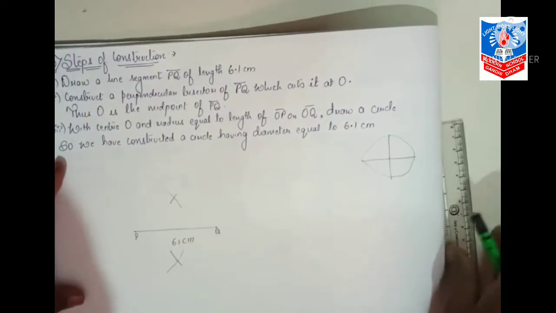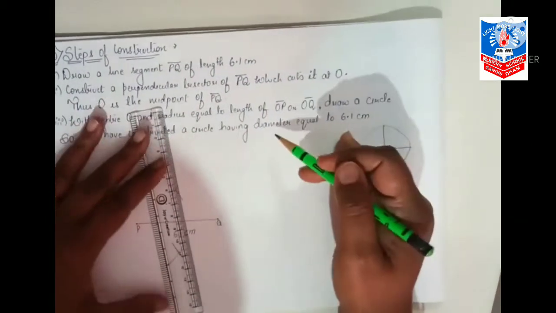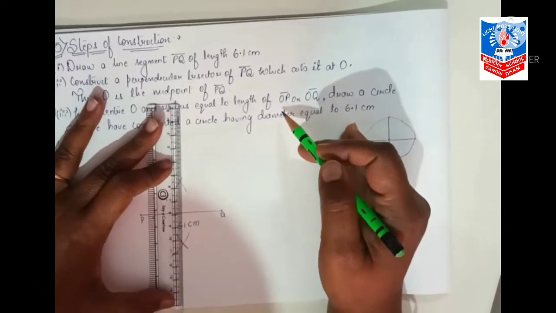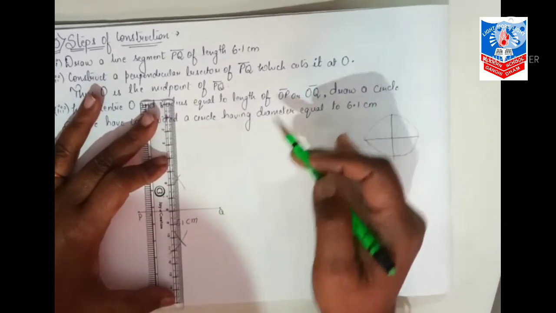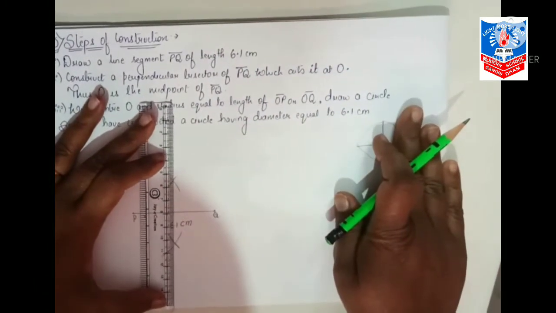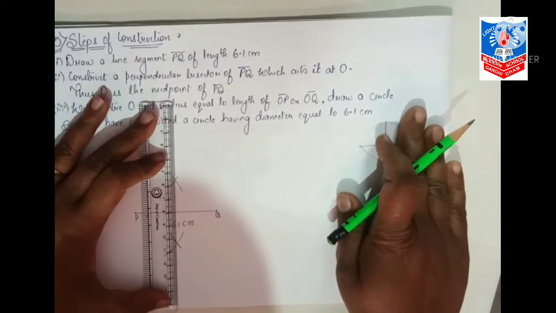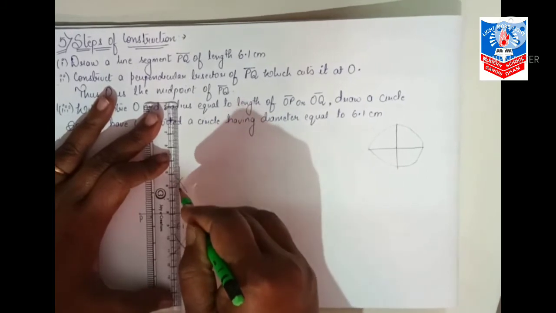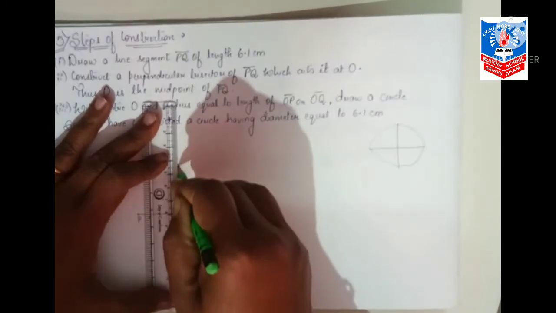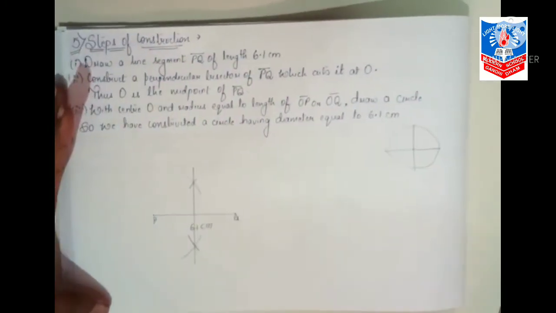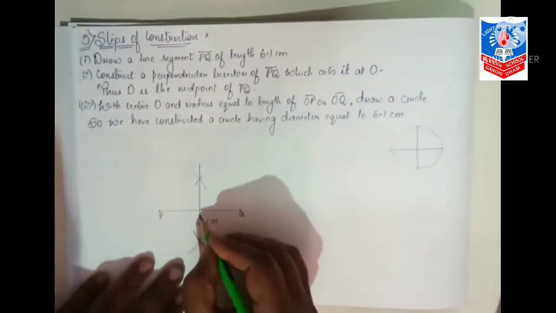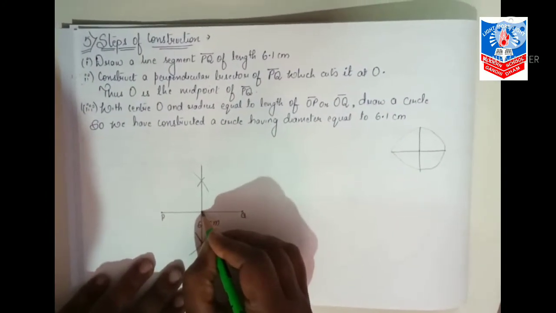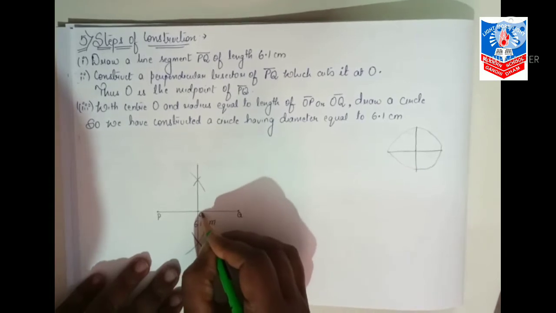Now join these intersecting points. Like this way we will join. Now this is the perpendicular bisector of PQ. Let us name this point as O.